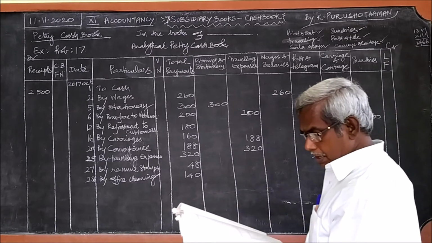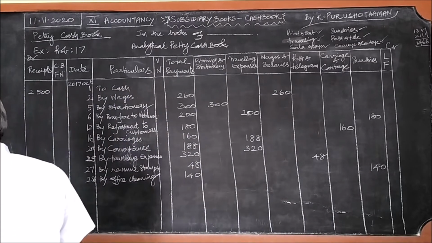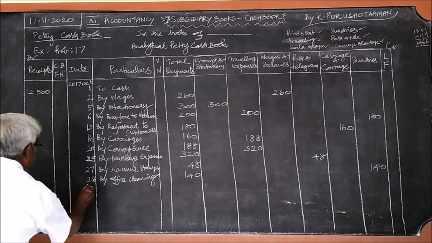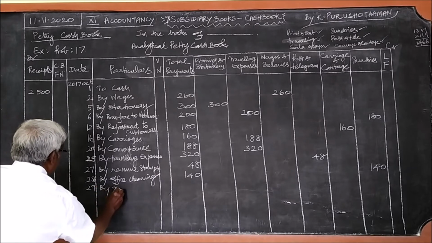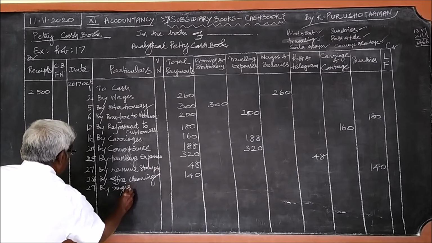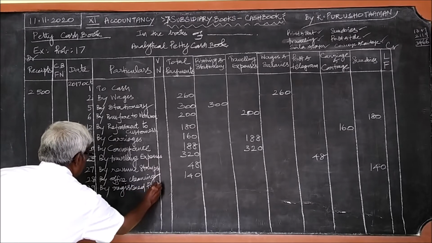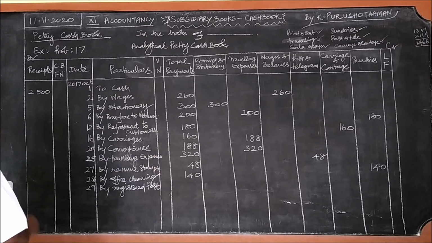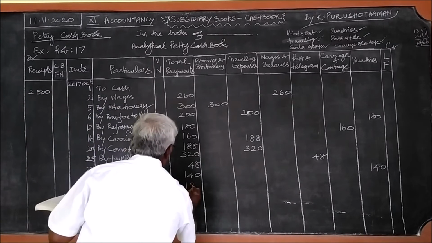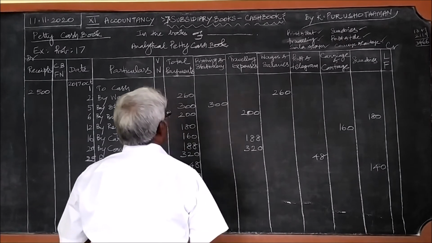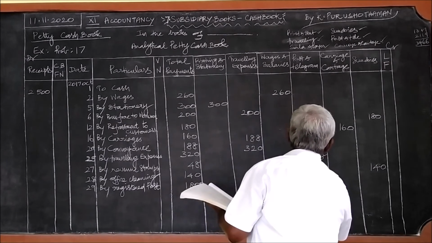Then paid for letters by registered post to suppliers on 29th. By registered post 180. This is post and telegraph 180.